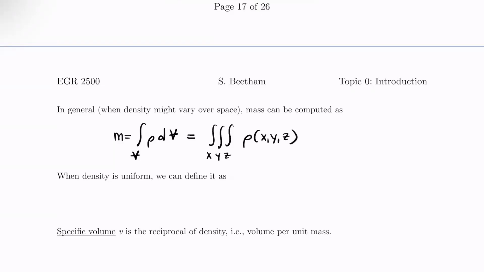So I have a density that depends on x, y, and z, and then I'm going to integrate with respect to x, y, and z. All right, so that's what I mean by a variable density. So this is our density varying over space. And then our volume integral, instead of writing the shorthand, is a triple integral with respect to all 3 spatial dimensions. Make sense?